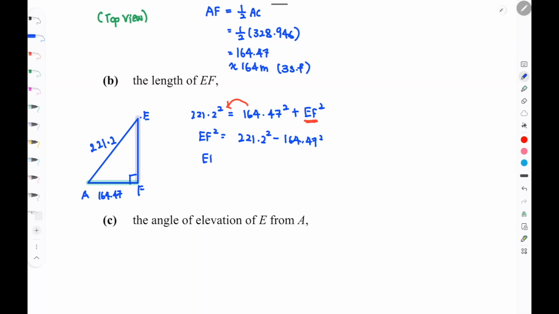I bring my square over, so I square root the right side: square root of 221.2 square minus 164.47 square. This will give me 147.915, which I can round off to 148 meters.